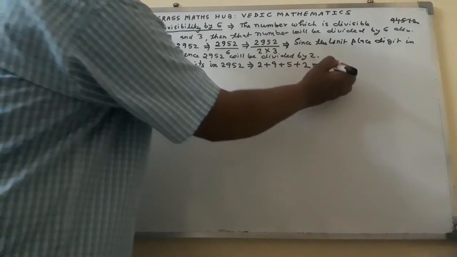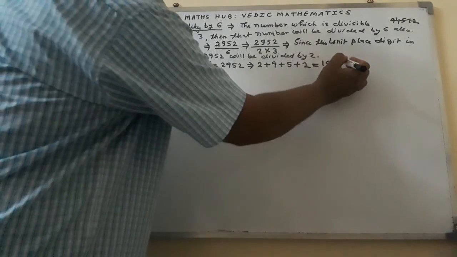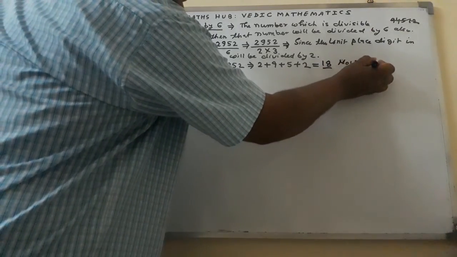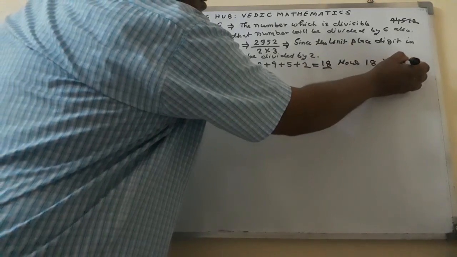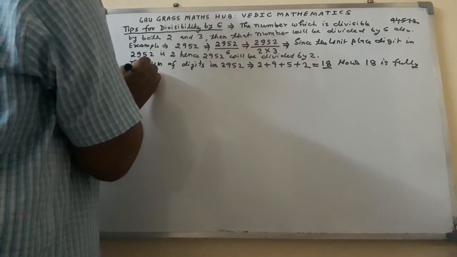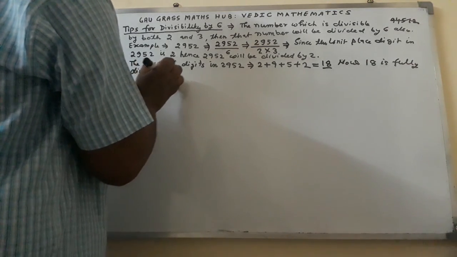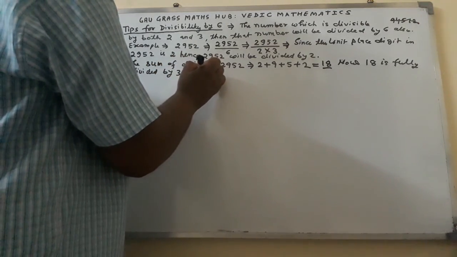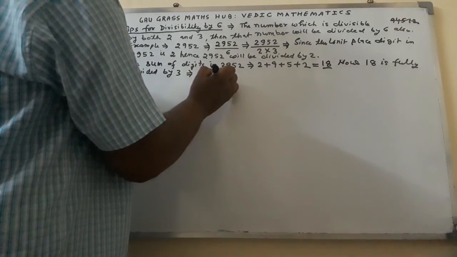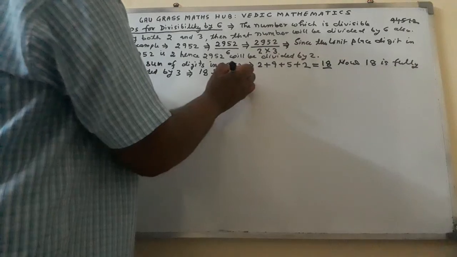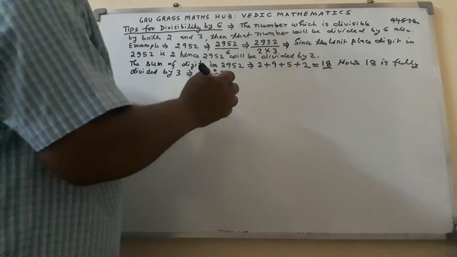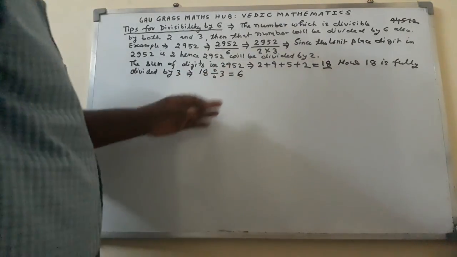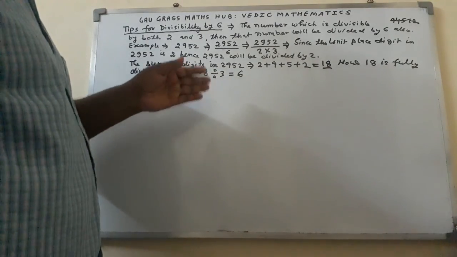Now here you can see this 18 is fully divided by 3. 18 divided by 3 will go up to 6 times; 6 threes are 18.